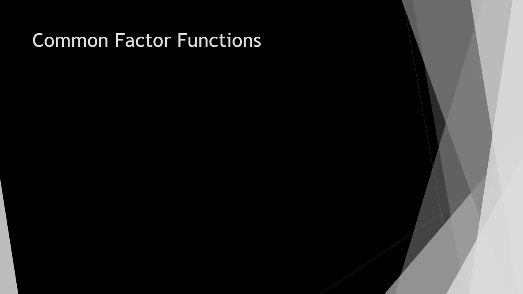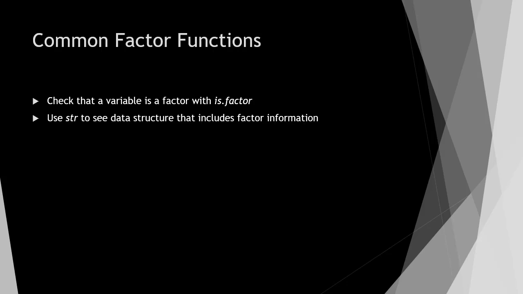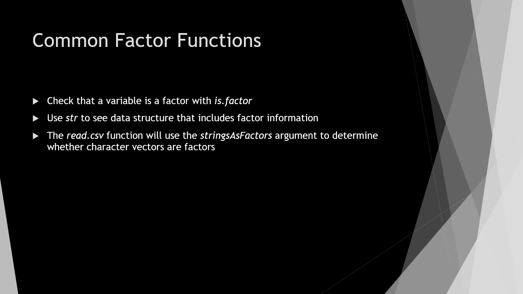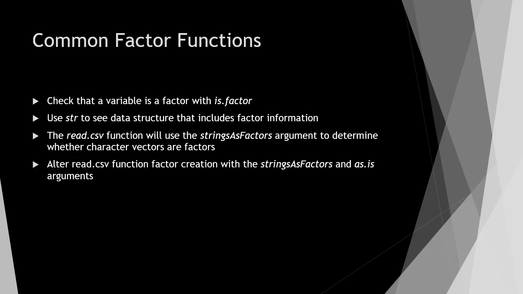So to review the common factor functions, we can check that a variable is a factor with is.factor. We can use str to see data structure that includes factor information. The read.csv function will use the stringsAsFactors argument to determine whether character vectors are factors. And remember, you can use the default.stringsAsFactors function to see what the default is.